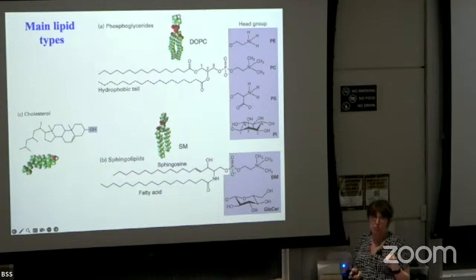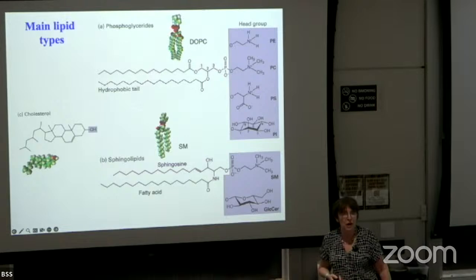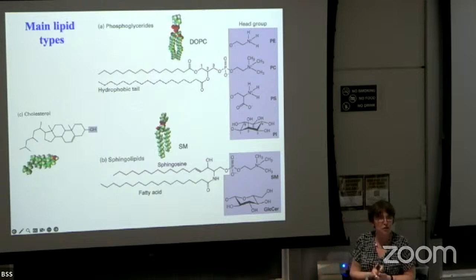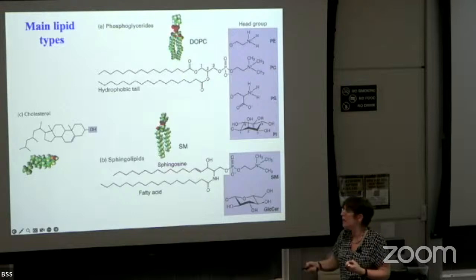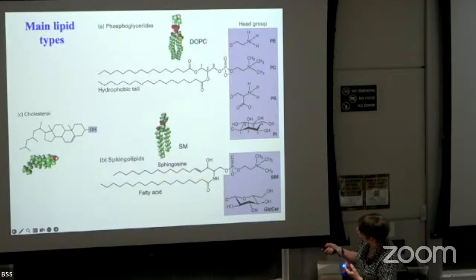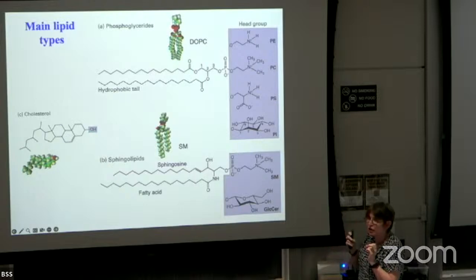But a very important molecule, and I'm sure that Marcus will spend a third talk discussing a lot about cholesterol in membranes. You can see this interesting molecule, which has a very tiny OH group, which makes it a little bit hydrophilic.